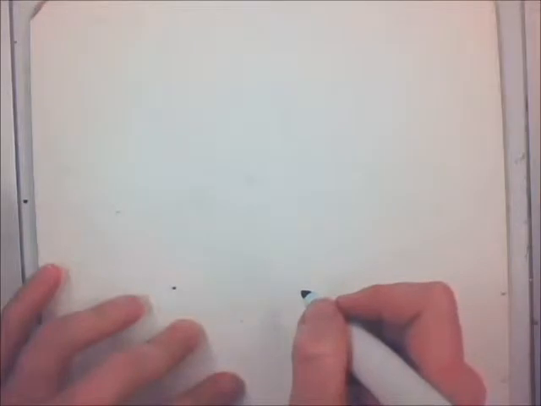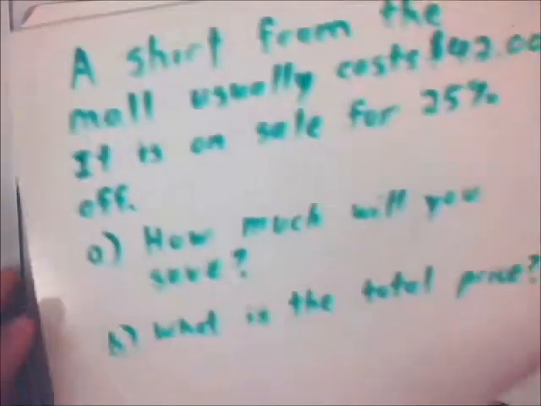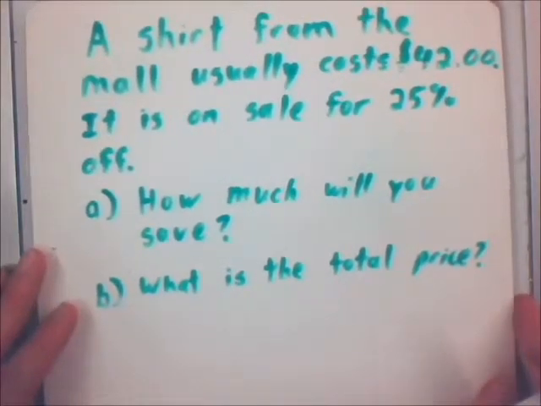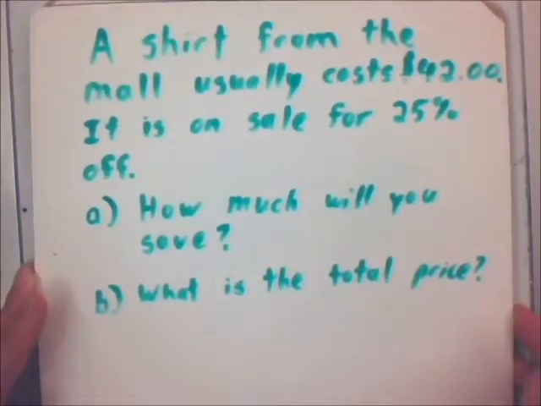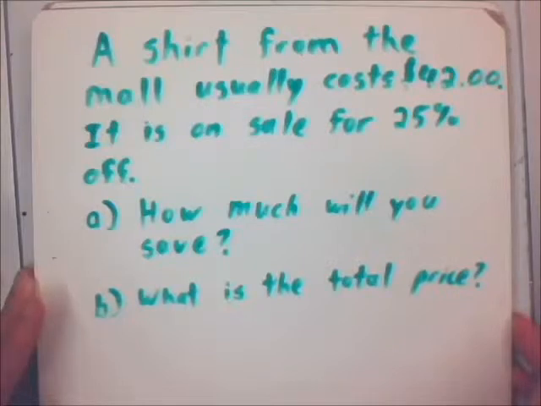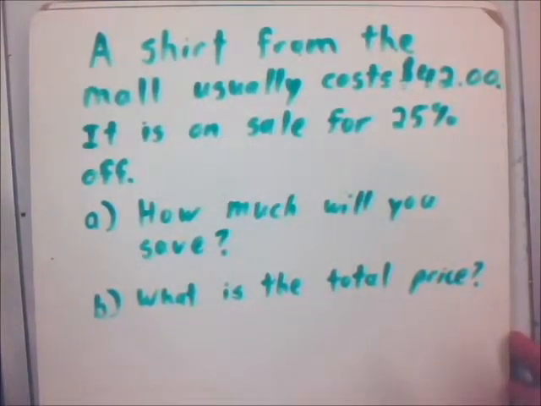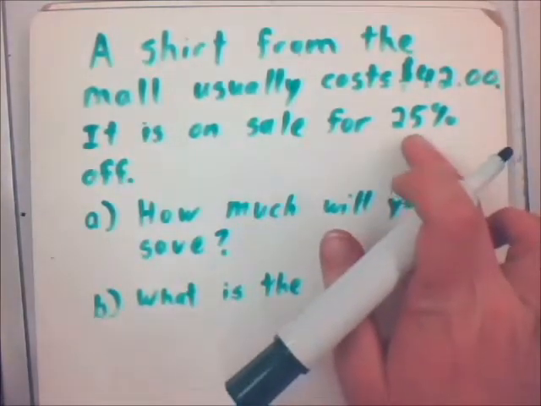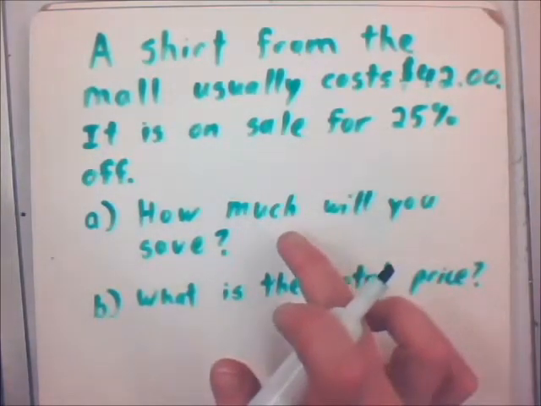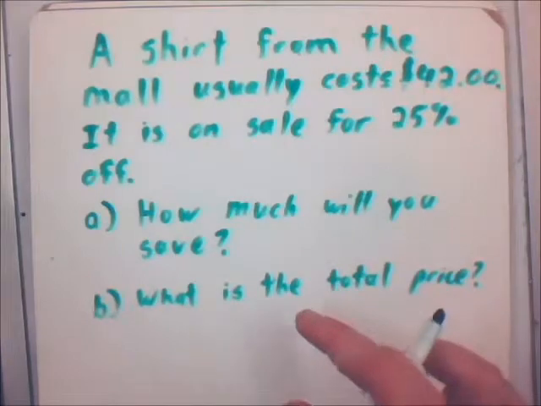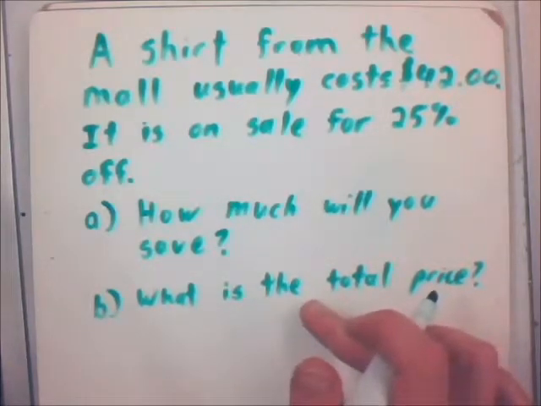Now we're going to look at something other than students. We're going to look at shopping. A shirt from the mall usually costs $42, but it's on sale for 25% off. The first question asks, how much will you save? And the second question asks, what is the total price?